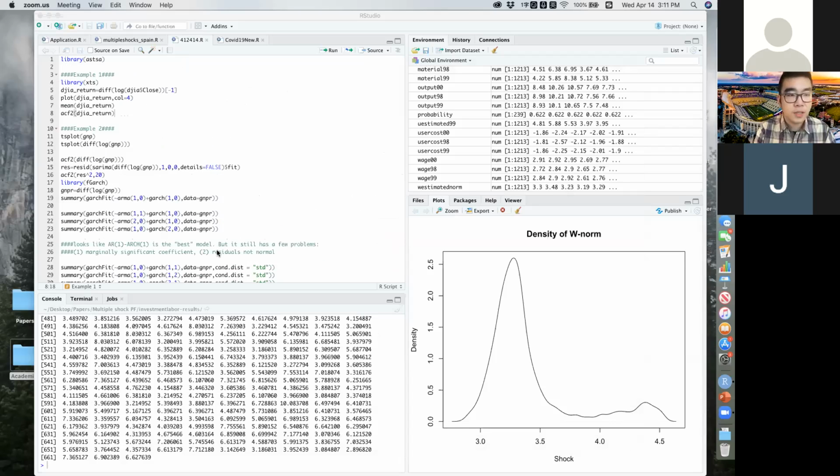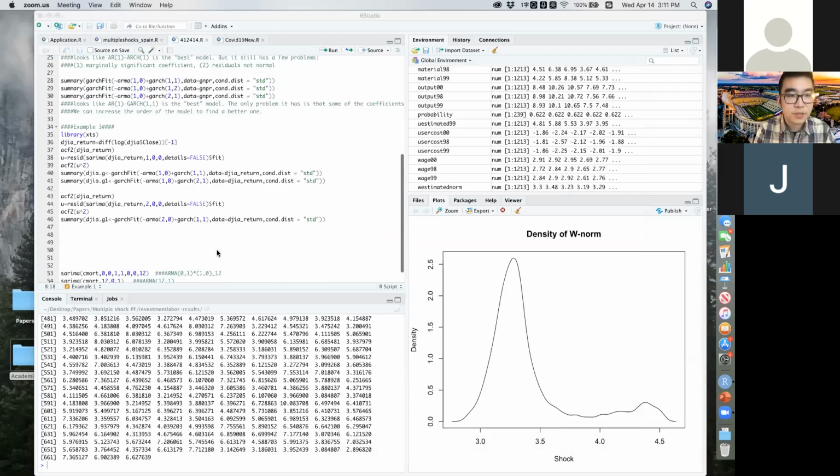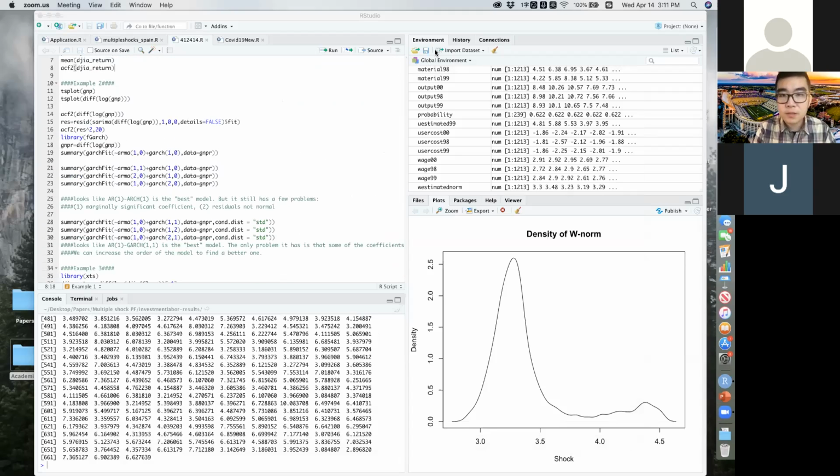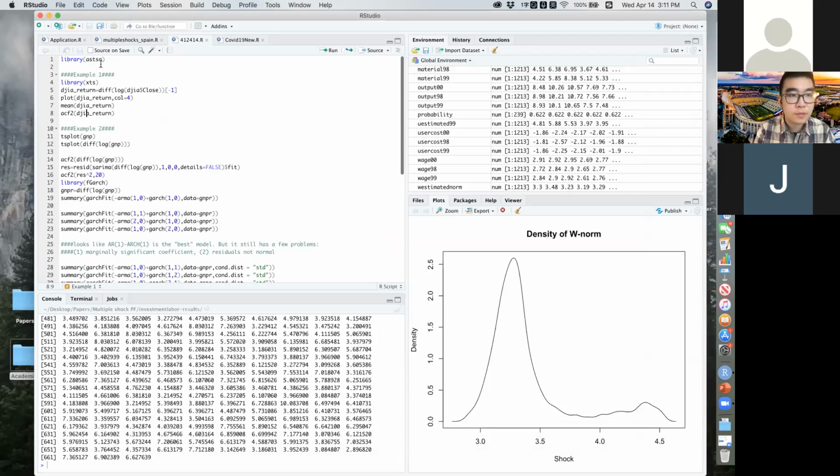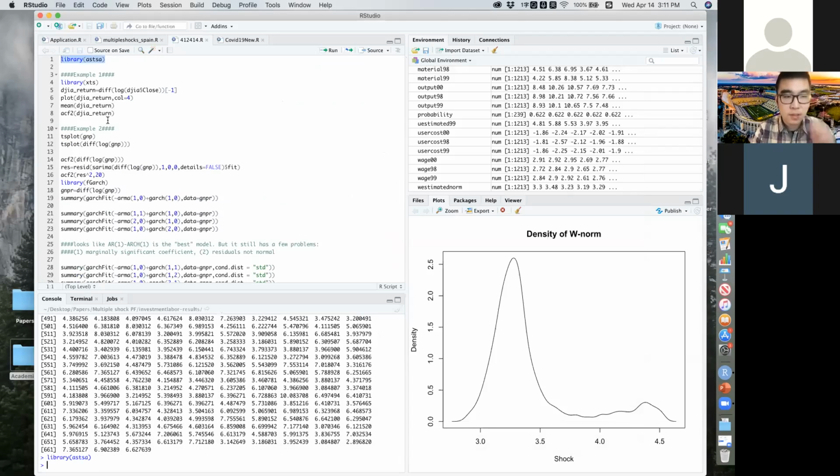Today I want to do 2 examples. Let me first run this library. The first example is GDP.